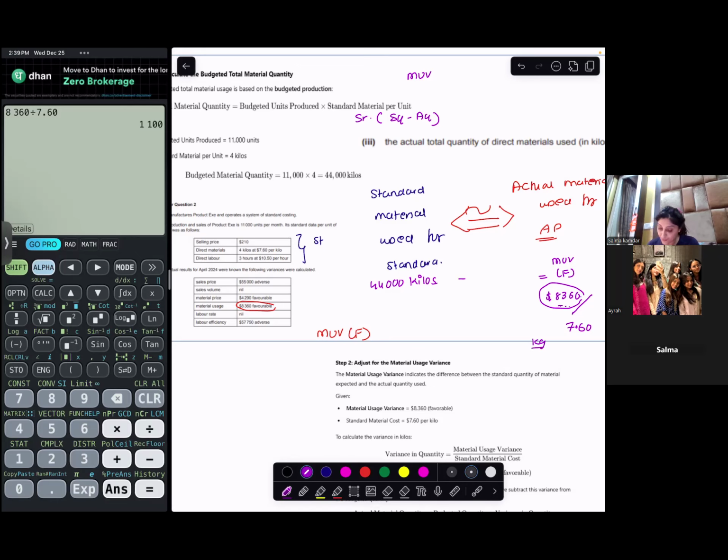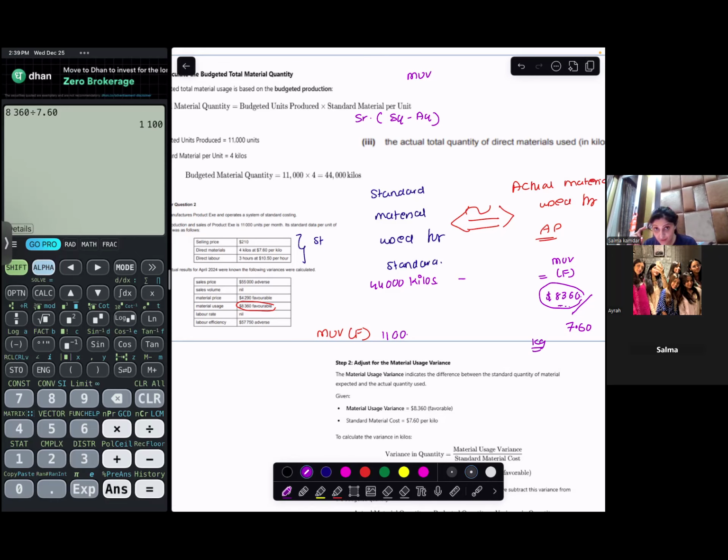I'll get the usage variance in kilos, because this usage variance is in dollars and I want the usage variance in kg. So I divide it by the rate. My material usage variance in kilos is 1100 favorable.